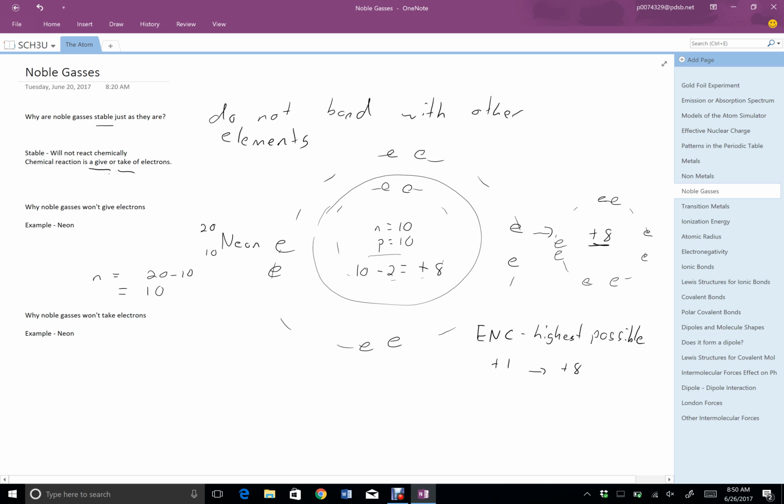What this means is no other atom is going to come around with a higher effective nuclear charge, and so no other atom is going to come around and effectively steal an electron from this. So we can say since the effective nuclear charge is very high, the atom will not give any electrons.